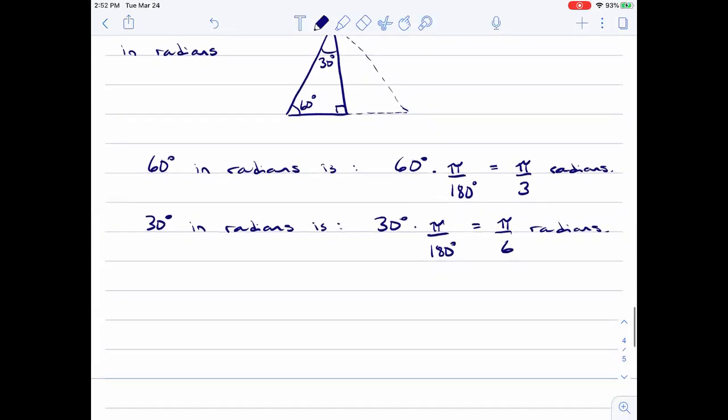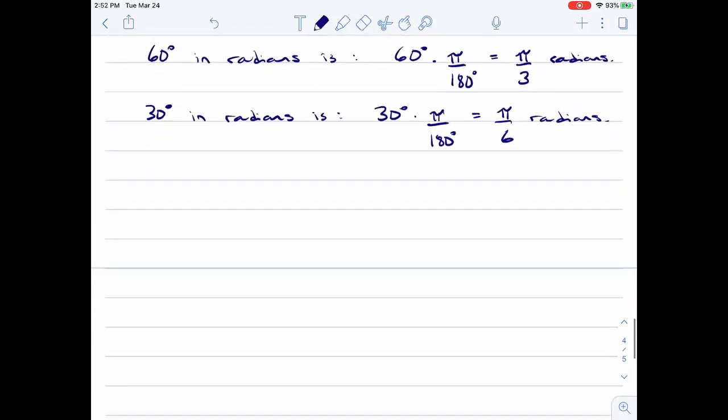So we can rewrite this triangle as pi over 3 and pi over 6.